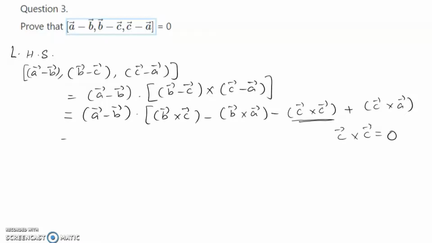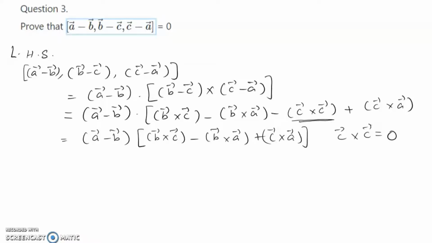So we get (A minus B) dot product with (B cross C minus B cross A plus C cross A), since C cross C is equal to 0.